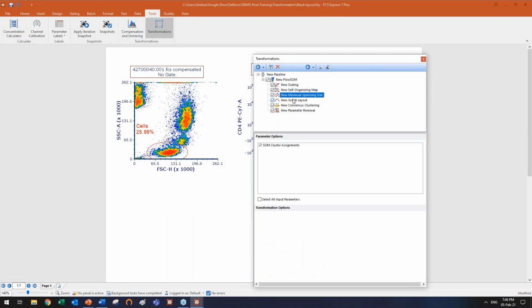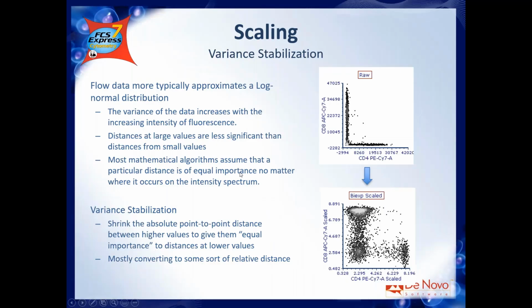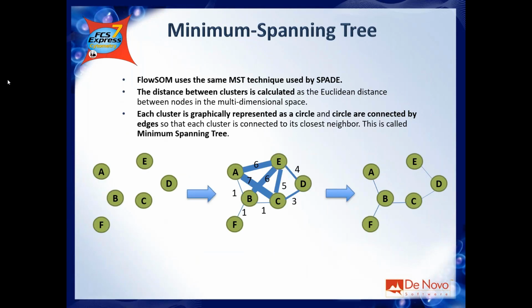Then we have the minimum spanning tree and the graph layout. We will go through them very quickly. The minimum spanning tree is very easy. You have your nodes, those are the 100 nodes in your grid. They are distributed along your dataset in the multidimensional space. We are no longer looking at the edges that connected them in the 2D grid.